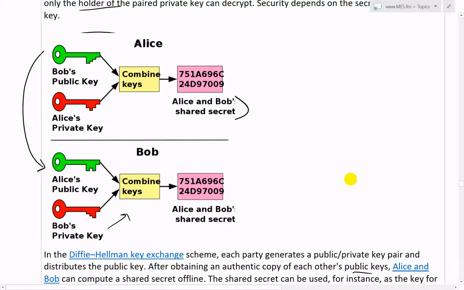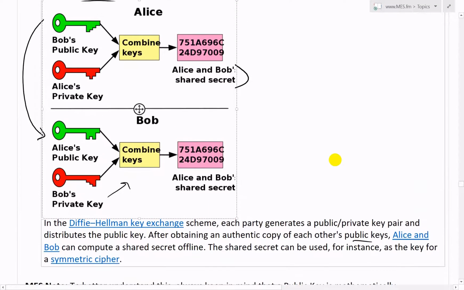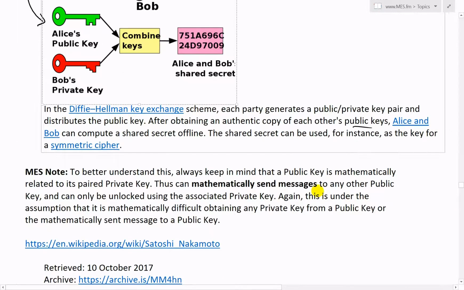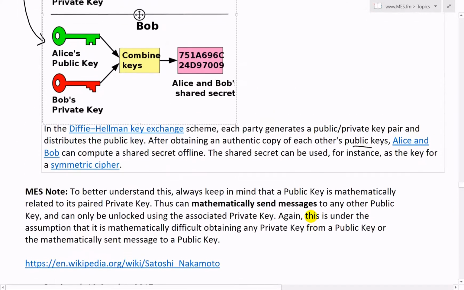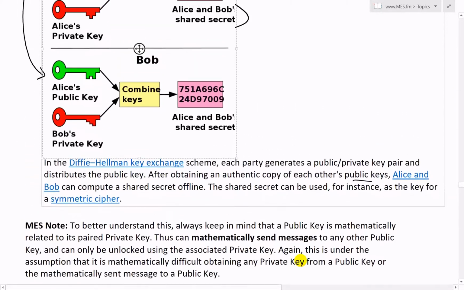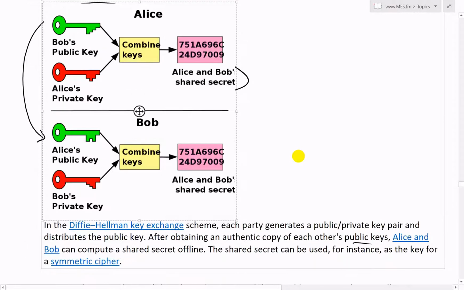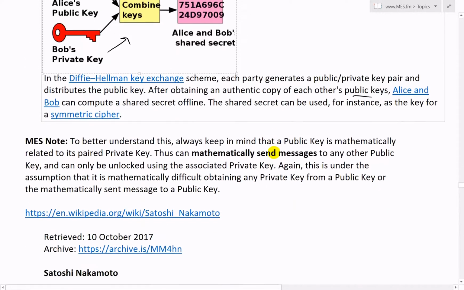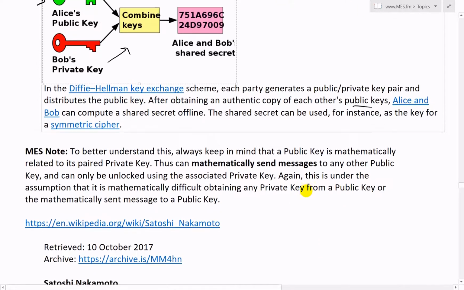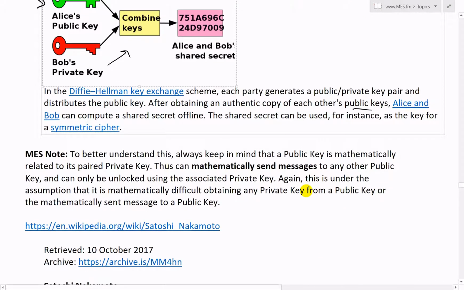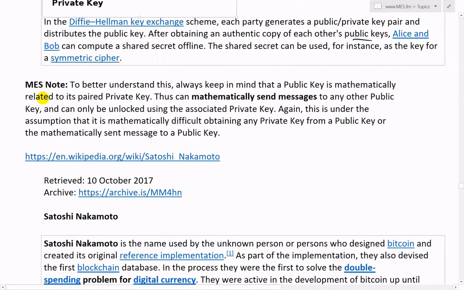Alice can as well, I believe, because she's the one that sent it. But that's pretty much the idea. You use the other person's public key, and you could throw your own in there so that they know it's from you. It's quite ingenious. They can verify, using your public key, that it's mathematically related to the private key. But you always just keep your private keys secret.